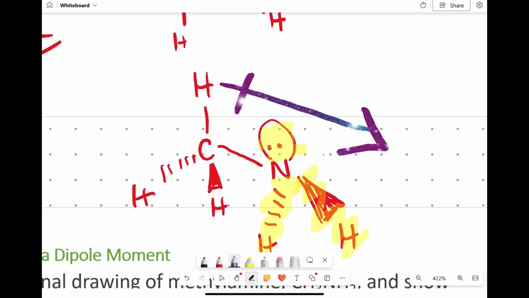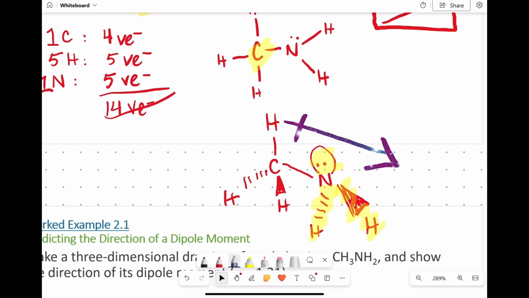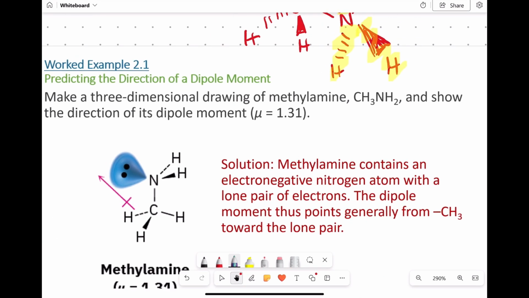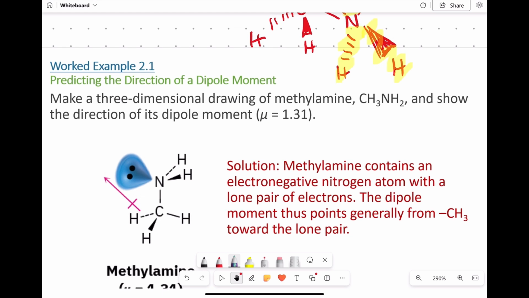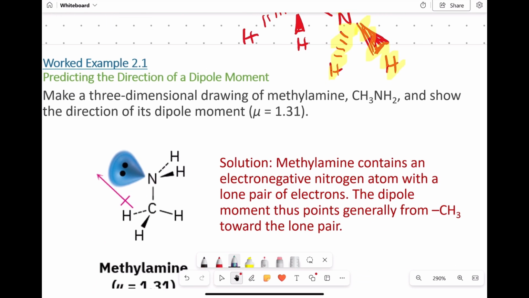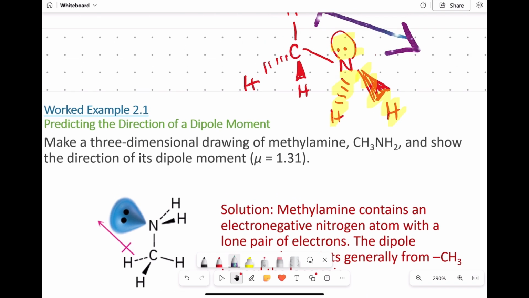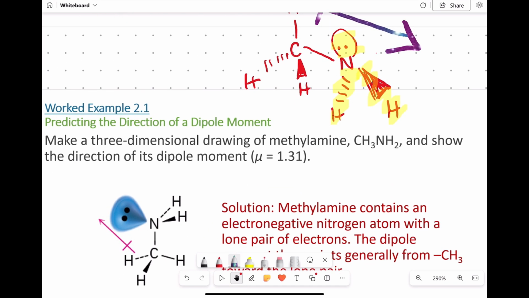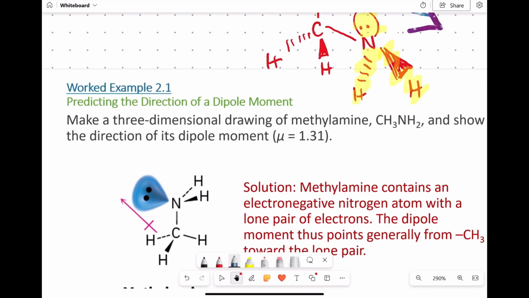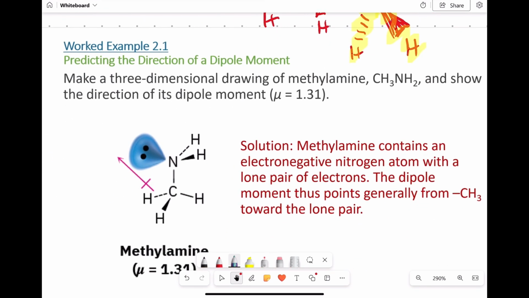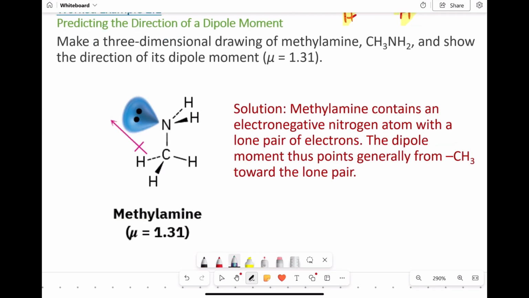Now, did we really need to draw this in 3D form? Yeah, just because we wanted to see how this would be interacting with the carbon side of things. And you can see here that we drew it different, but overall, we have the same idea, right?